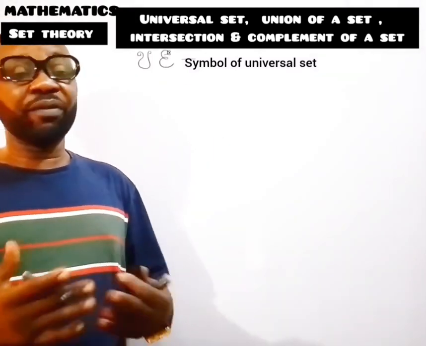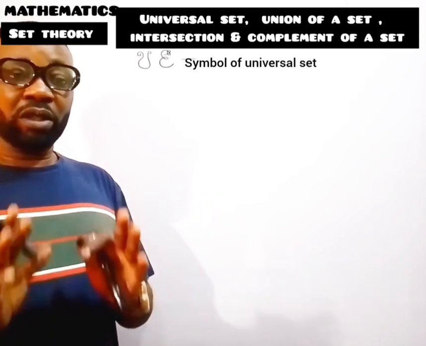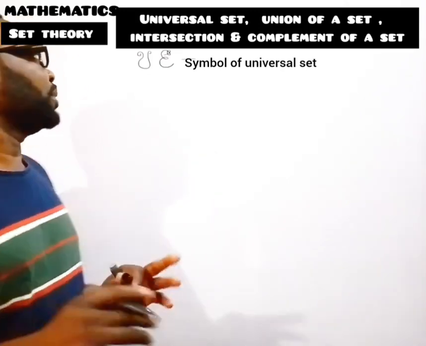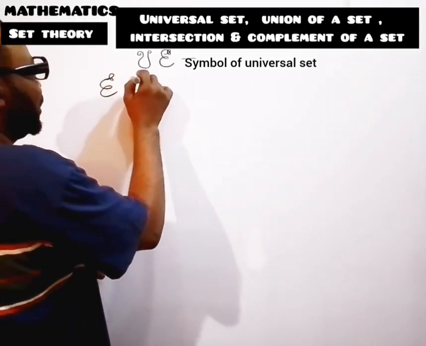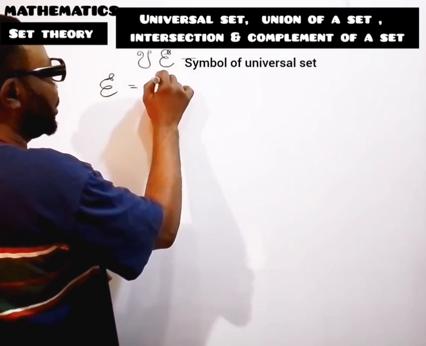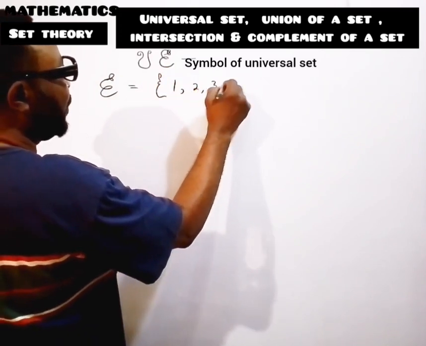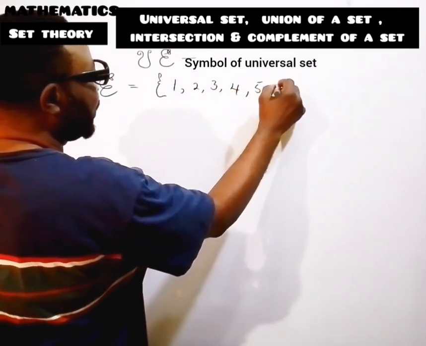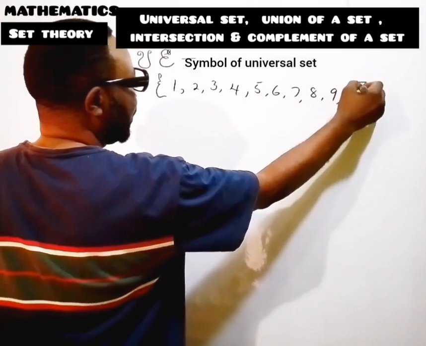Universal set means all elements that any other subset has are in it. It can even have some elements that none of them have at all. What I mean by this: let's assume I represent the universal set by a set of elements like 1, 2, 3, 4, 5, 6, 7, 8, 9, 10.